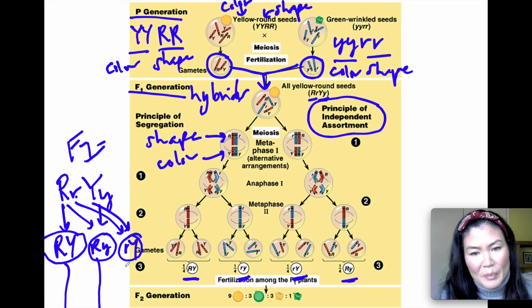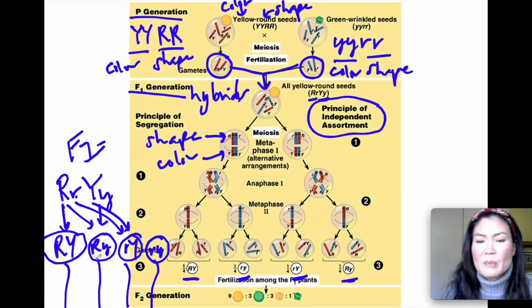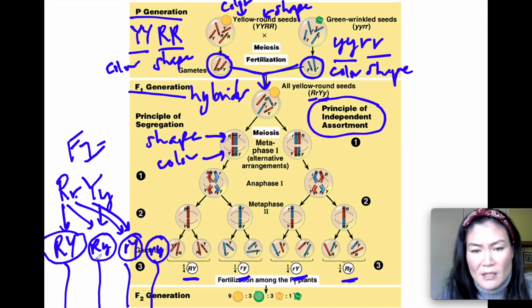And then the last combination possibility is little r, little y. So there are 4 different possibilities of forming 4 different kinds of gametes here.